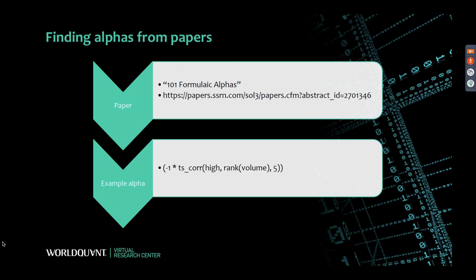That's a good question. So the TS correlation operator looks at the time series of the high price in this case here, and the rank of volume, and looks at the last 5 data points of both of them, and then calculates a correlation between those 2 time series.